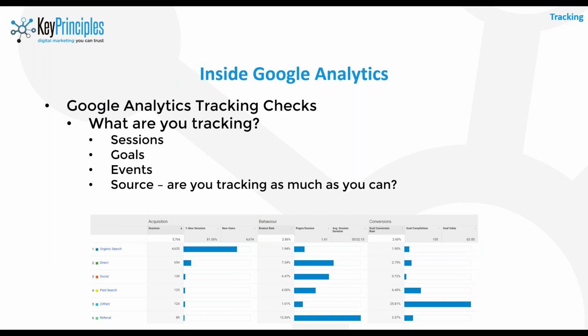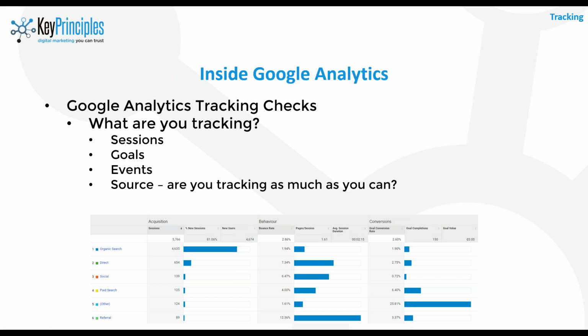Okay, and finally, the most important one for me, and hopefully for anybody that's interested in working out what marketing activity is actually generating the sales and the inquiries, and that is source. So you can go to source in Google Analytics and look at where you're getting your visitors from, and also where you're getting your conversions from. And as you can see here, the Google Organic for this particular client is very, very big.